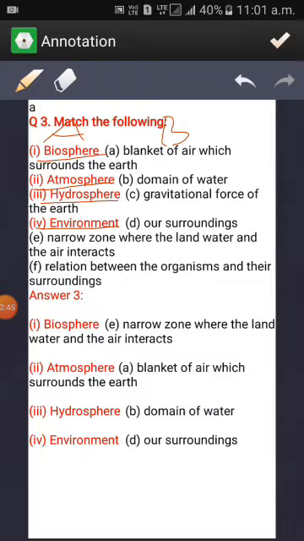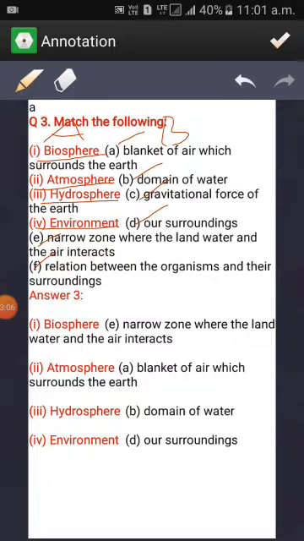We will now read out the responses in column B. First is blanket of air which surrounds the earth. Second is domain of water. Third is gravitational force of the earth. Fourth is our surroundings. Fifth is narrow zone where land, water and air interact. Sixth is relation between the organisms and their surroundings.